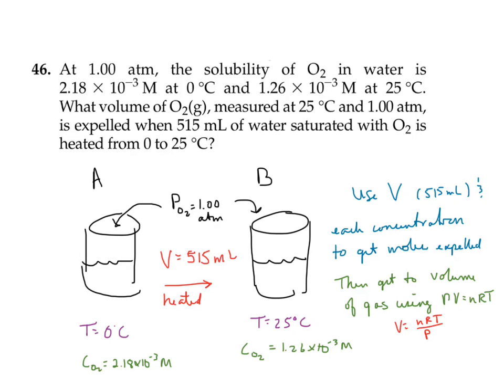And then basically get the volume of the gas by using, this will be the moles that were expelled. Let's see, and I guess the temperature you're going to have to use here is 0 degrees Celsius, and R, and pressure is the constant 1. Okay, so those three.